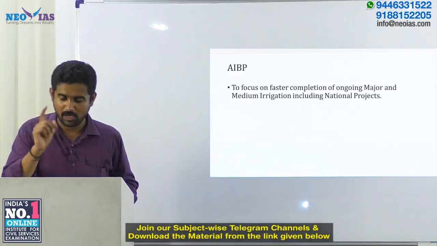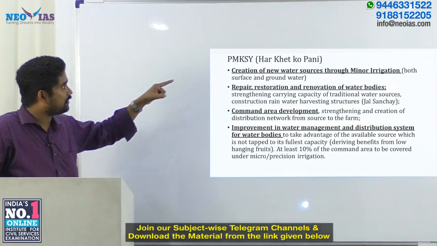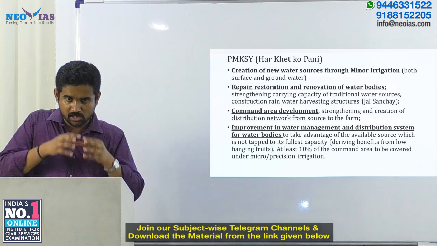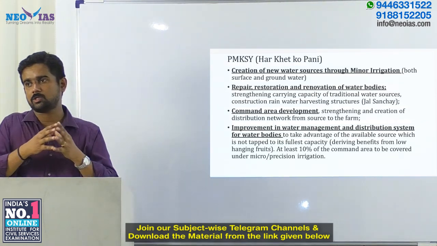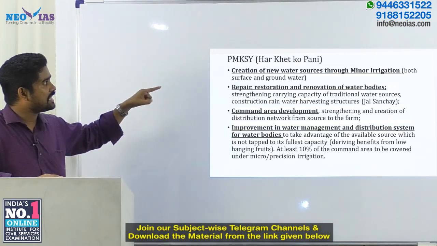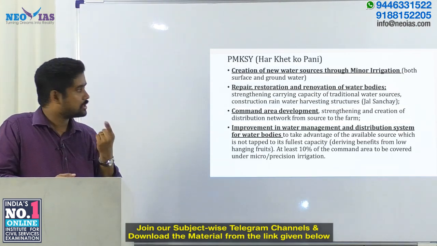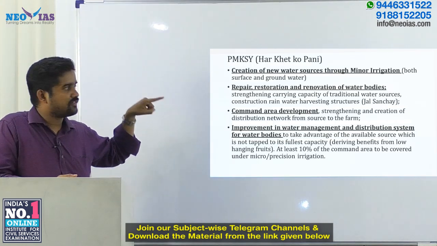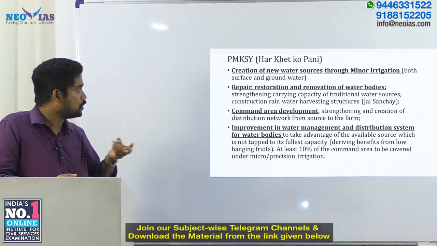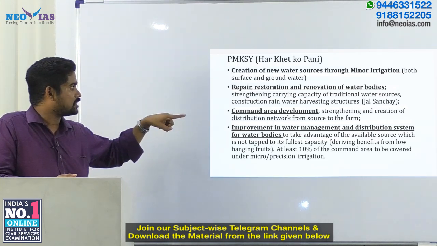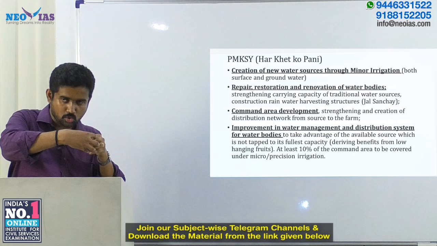So the completion of irrigation projects is something which the AIBP component in the Pradhan Mantri Krishi Sinchayee Yojana is taking care of. Second, the component of Har Khet Ko Pani has the key objective of ensuring that the water resources part and the water availability part are taken care of. That would include creation of new water sources, then repair, restoration and renovation of existing water bodies. Second, command area development, strengthening and creation of distribution network from the source to the farm.